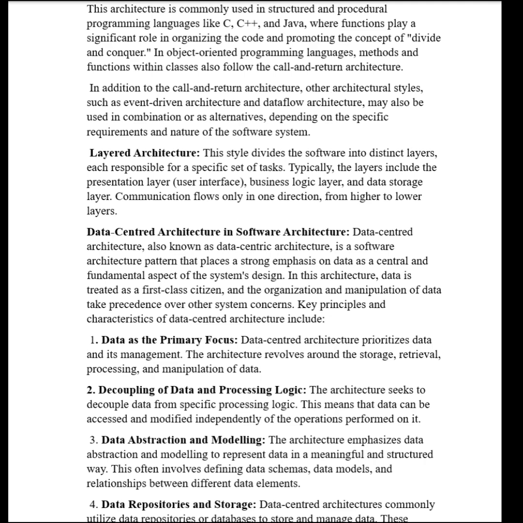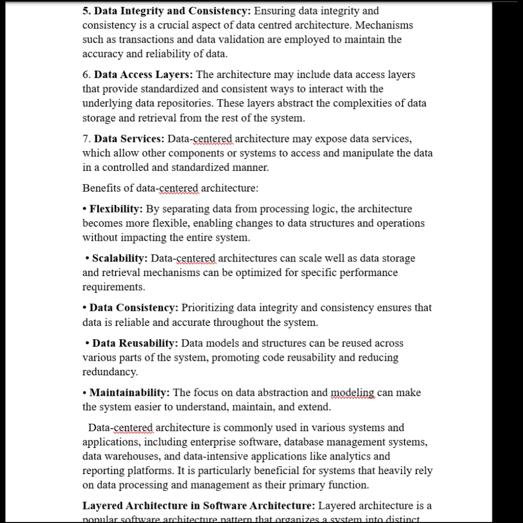The system is divided into multiple layers, each responsible for a specific task. Common layers: presentation layer, user interface; application layer, business logic; domain layer, data structure and rules; data access layer, database operations. Used in web, desktop, and enterprise applications. Advantage: easy maintenance and scalability.